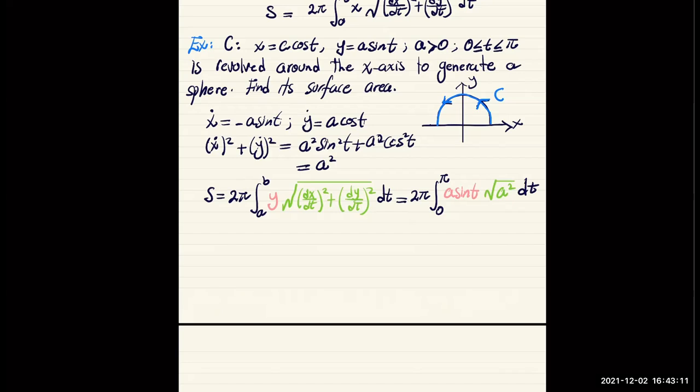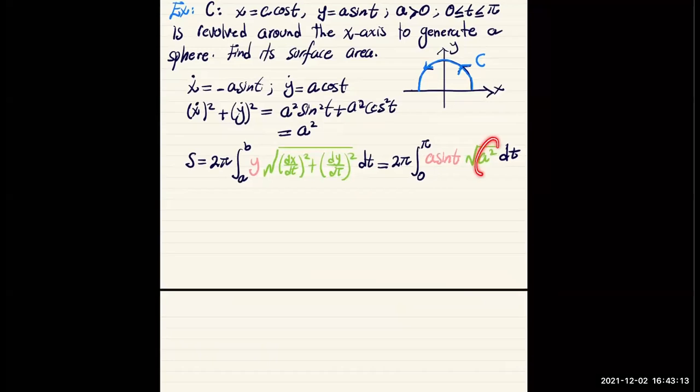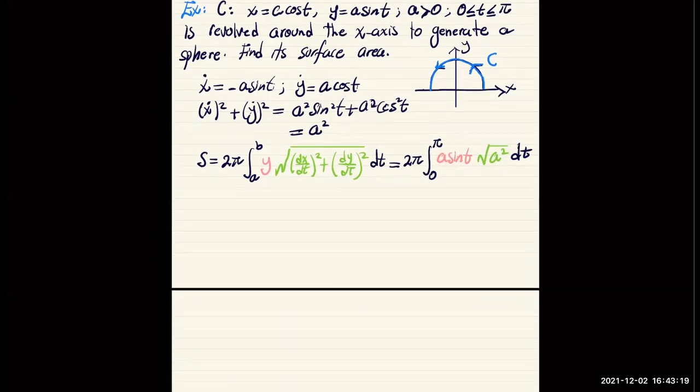It makes it simple. Square root of a squared is a. It's a constant. Times that by this a, you get a squared. You can kick that a squared out of the integral. Get 2 pi a squared. The integral of sine t is negative cosine t. Evaluate from 0 to pi. Make sure you end up with a positive value.